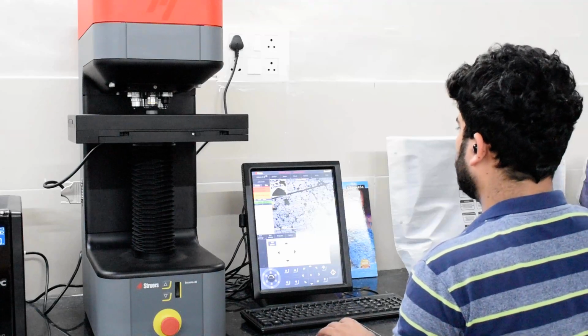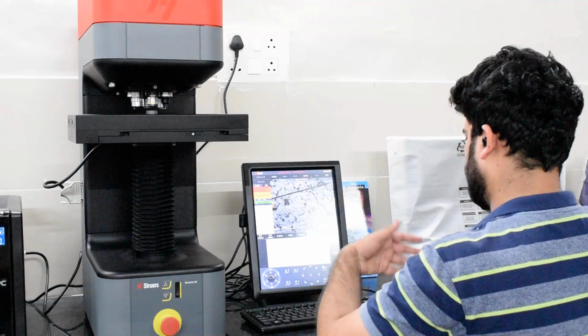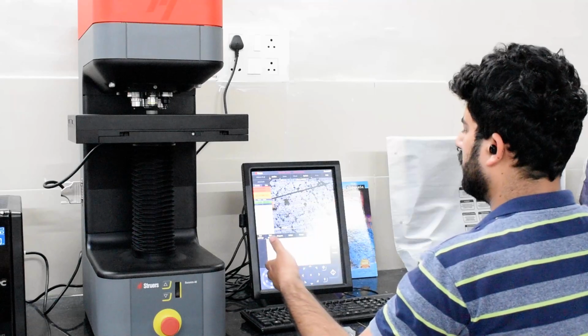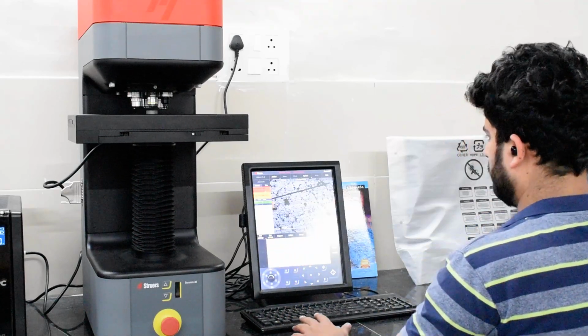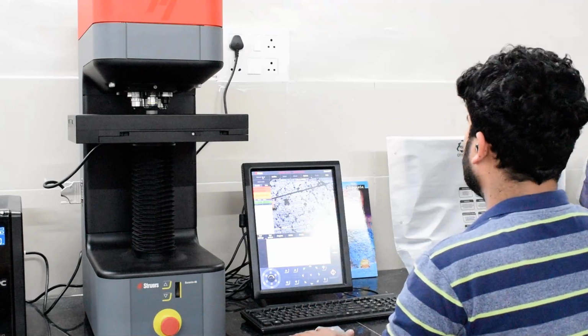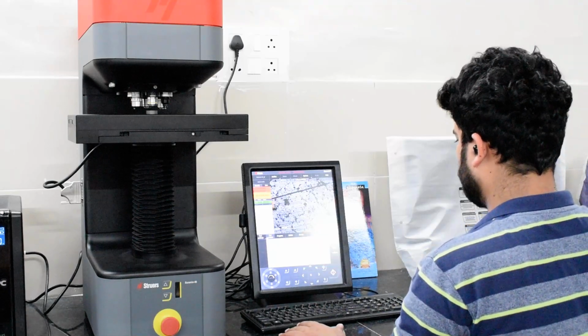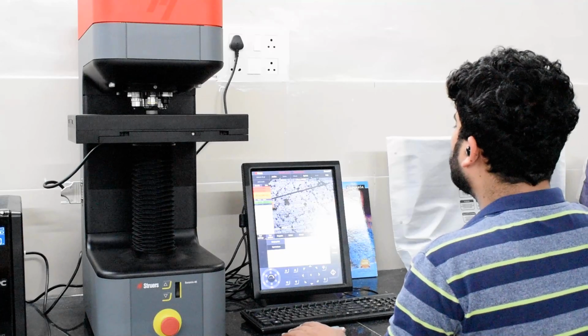We will take a new one, that was a micro indenter. So here the hardness is showing around 40 VHN.